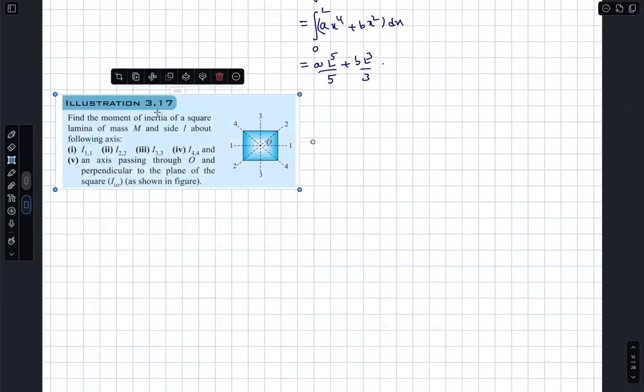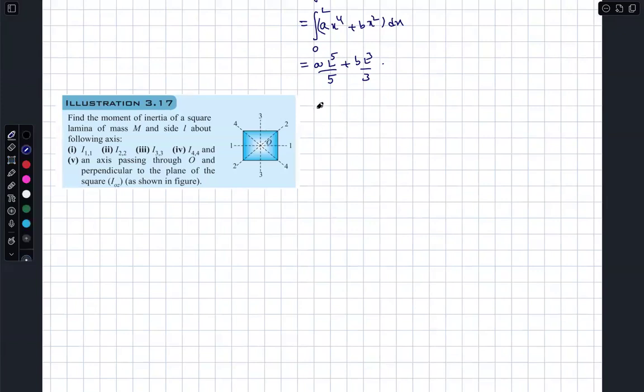You have a question like this here. Find the moment of inertia of the square lamina of mass m and side L about the following axis. I have already answered this, and just for the purpose of revision, I am giving you the answer. I1 is m L square by 12.